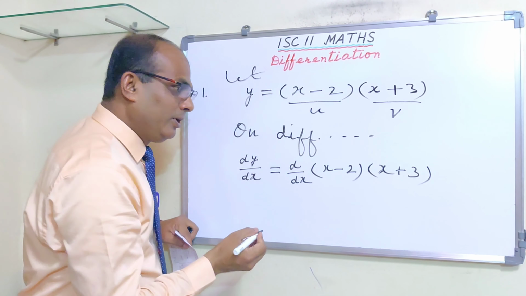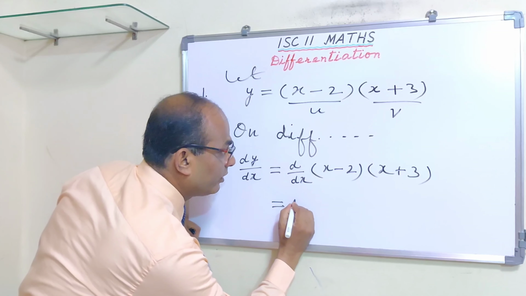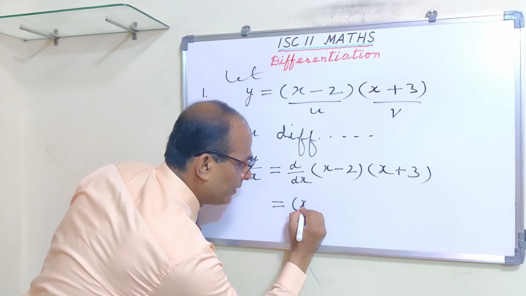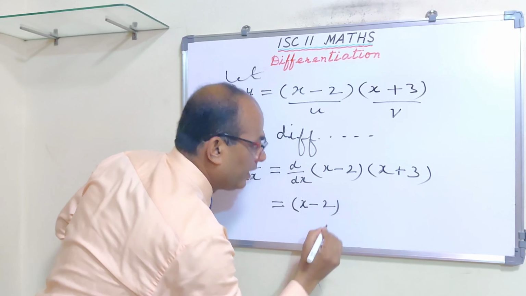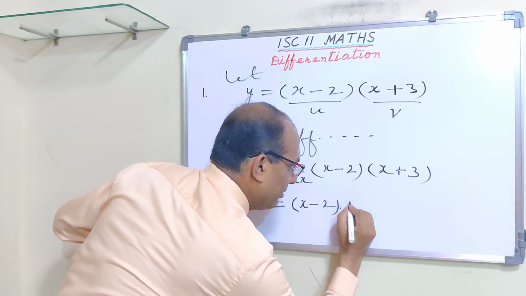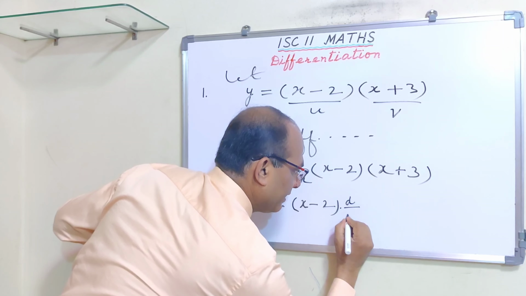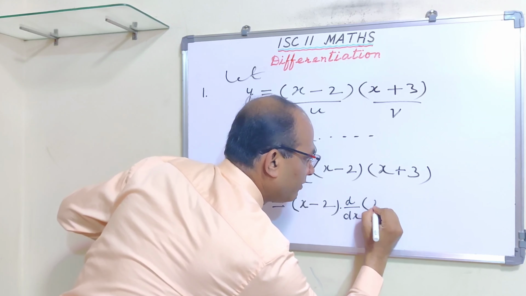Okay. Now the formula is first function into derivative of second. So I am writing that: into d/dx of (x plus 3).